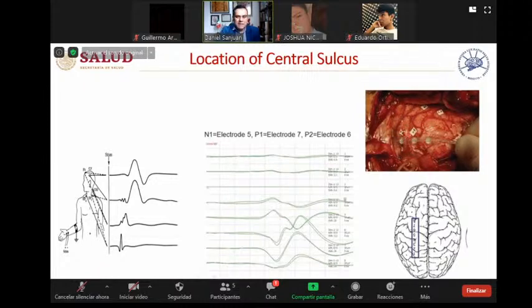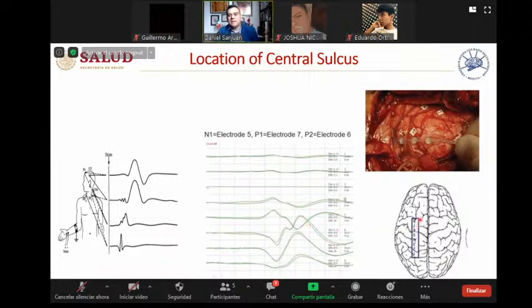Because even this basic question sometimes is not easy to identify, because the tumor can induce a distortion of the anatomy. And when the polarity changes, you can see here this wave is up and the other are down. In this area, it's possible to localize the central sulcus.